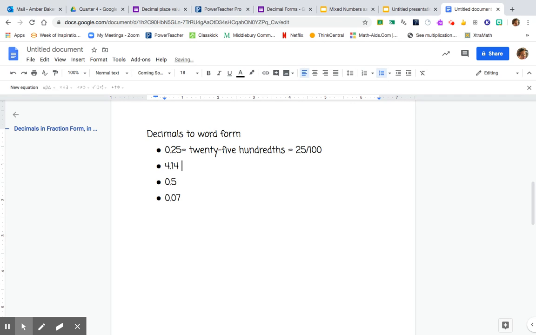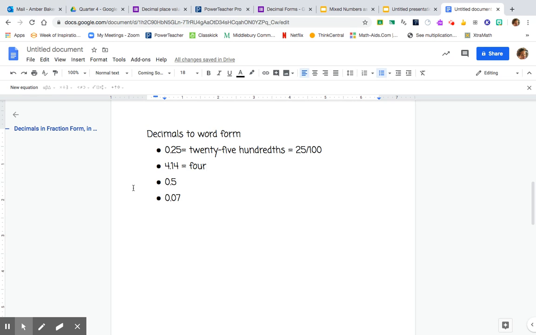Okay, down here, again, if you notice, this is going to tell me right here that I am going to make a mixed number. I have a whole number and then a decimal part. So to write this in word form, I say my whole number first, 4. And I come to the decimal.